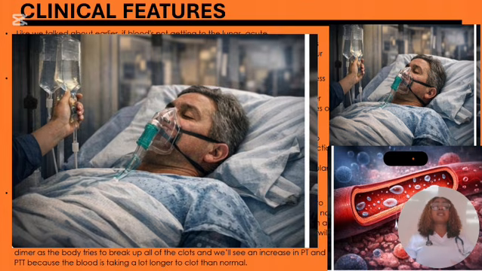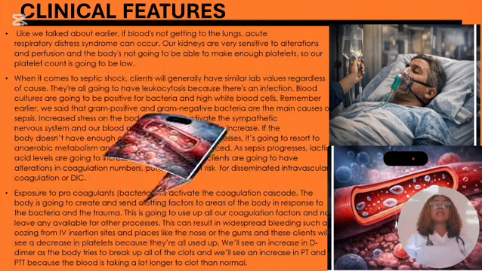Increased stress on the body is going to activate the sympathetic nervous system, and our blood glucose level is going to do what? Increase. If the body doesn't have enough oxygen for metabolic processes, it's going to result in anaerobic metabolism, and as a result, lactate is produced. As sepsis progresses, lactic acid levels are going to increase in the blood.